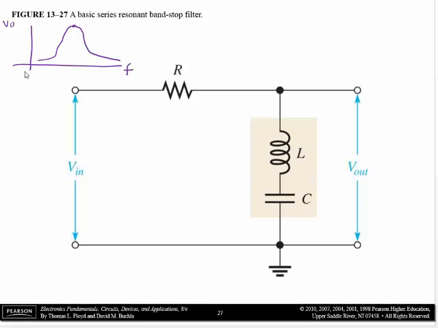So R is the output. But if L and C are the output, the opposite thing kind of occurs. So this is V out across R, and V out across LC looks something like this.